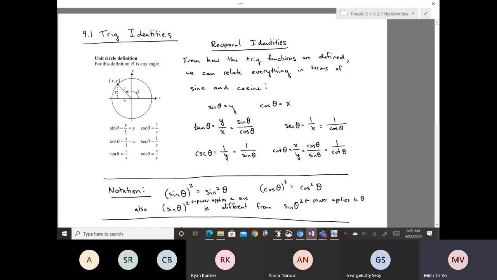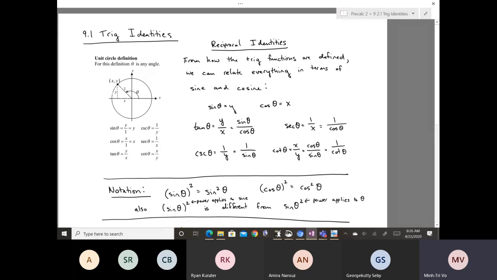You can see that if you compare sine and cosecant, sine is y over 1, whereas cosecant is 1 over y. And so the two formulas themselves are just reciprocals of each other. And then similarly for cosine and secant, and then tangent versus cotangent, in terms of their formulas, they're just reciprocals of each other.